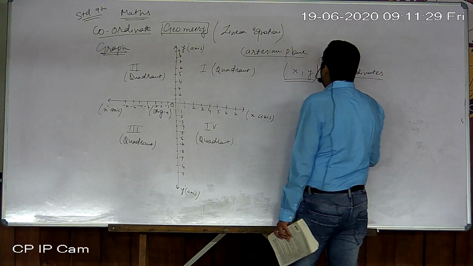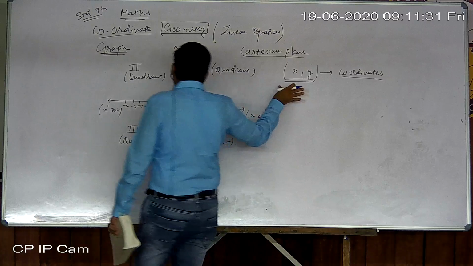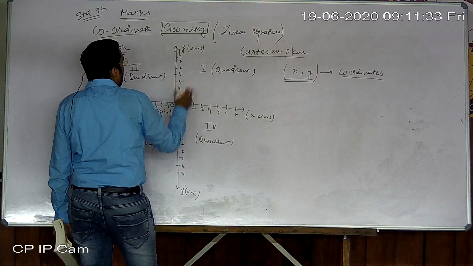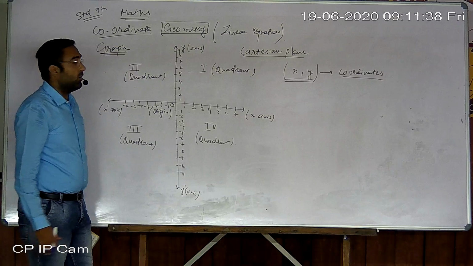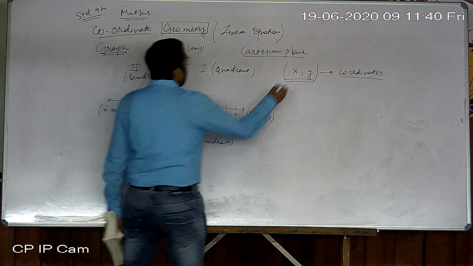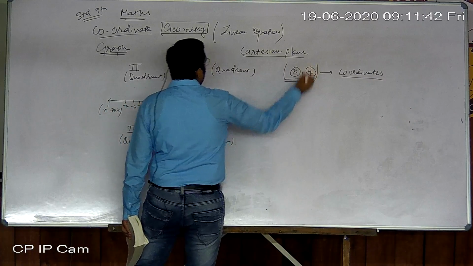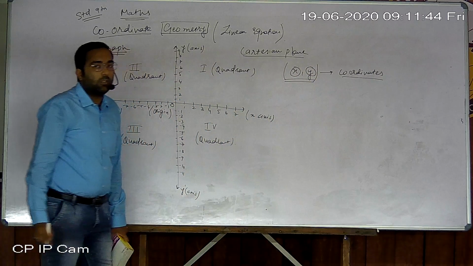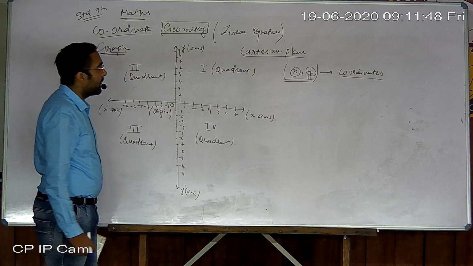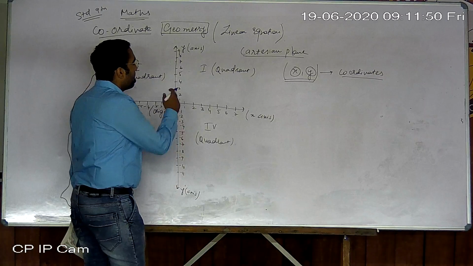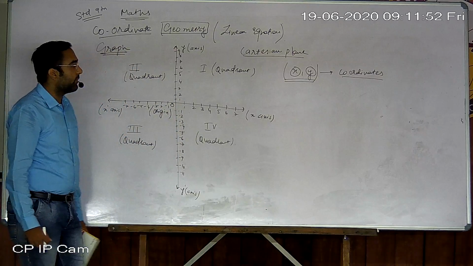Okay. Now this coordinate I have to put on this graph and locate. So you need the value of x as well as the value of y for plotting on this graph.